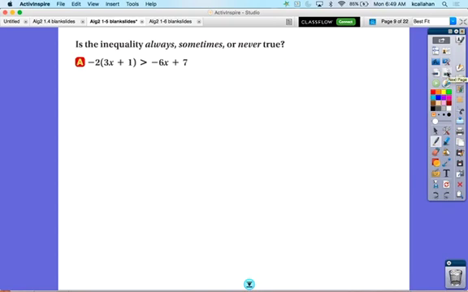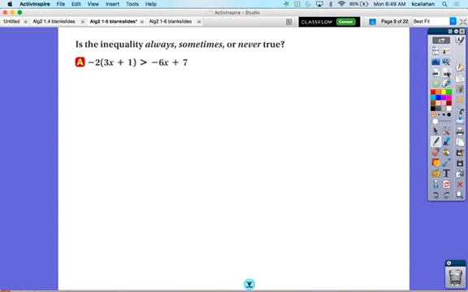Okay, like we did with the solving equations, it's possible that when you solve an inequality you might get always true, which means it doesn't depend on the variable, it's always true. A sometimes true, which are like the ones we've been solving up till now, or a never true. I mean, this is the language of our textbook, and there's nothing wrong with it.